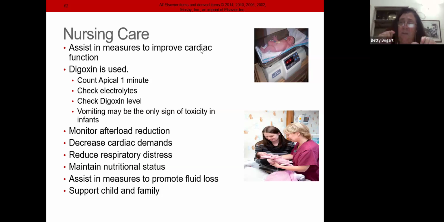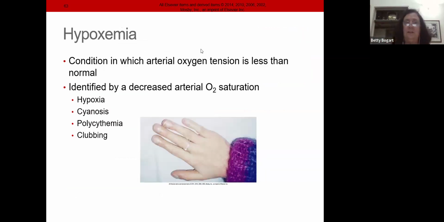If you see an infant vomiting, that kid has a possibility of being dig toxic. To be safe, it is better to check a dig level than to just give it to them again, because dig toxicity would be worse. Then you're giving DigiBind and all that good stuff, right? The antidote. So that's dig.